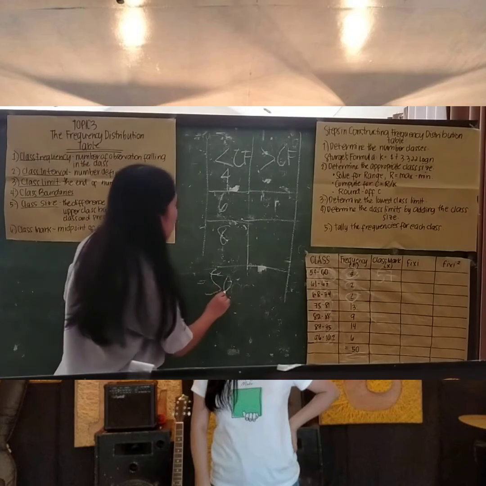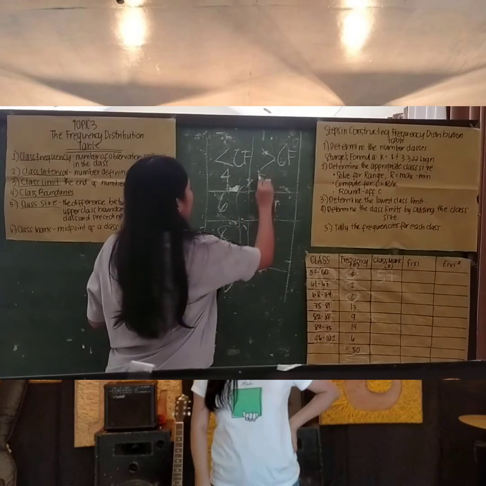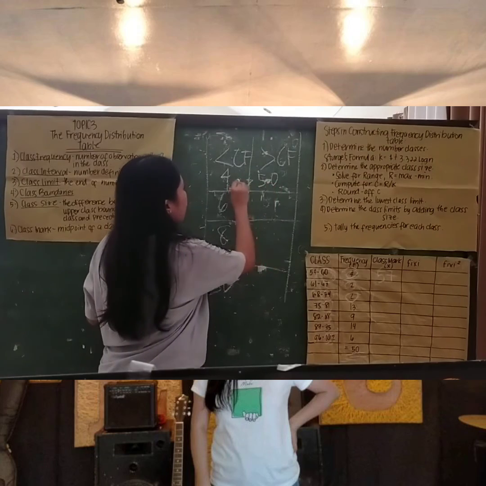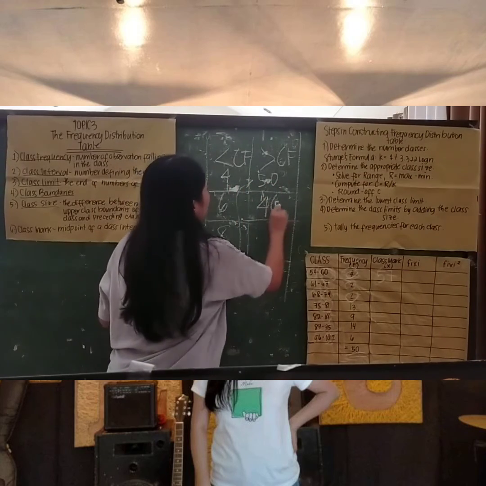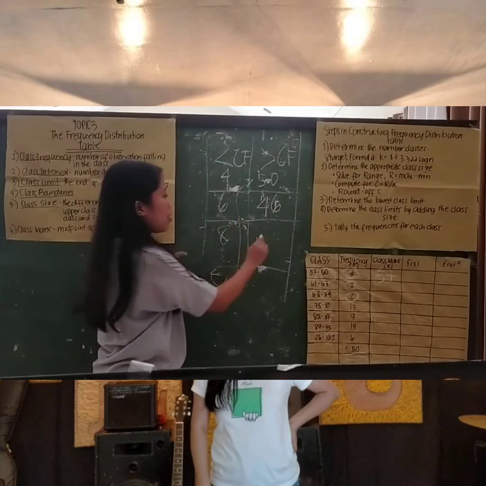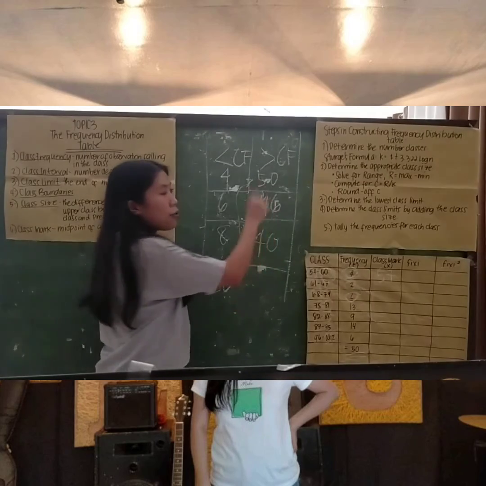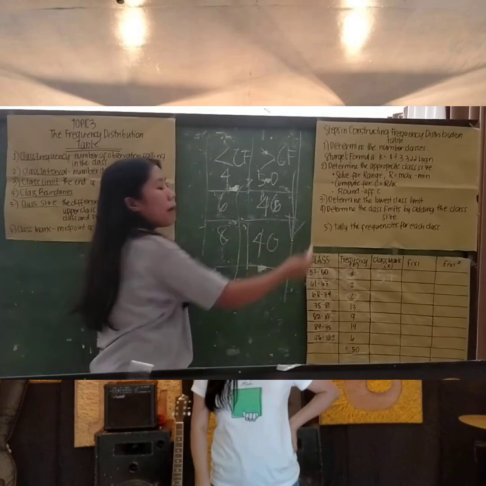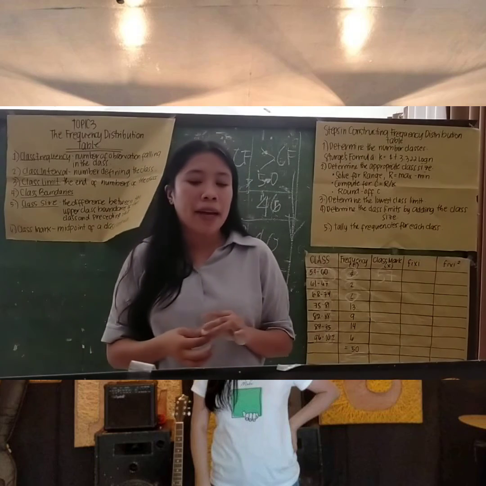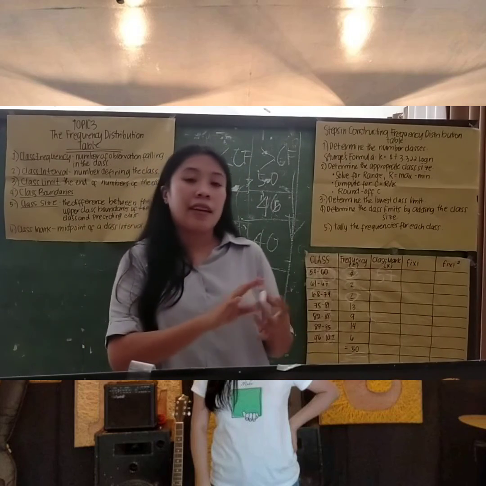Copy the 50 from the top, and then 50 minus 4 equals 46. 46 minus 6 equals 40. So we subtract going downward.